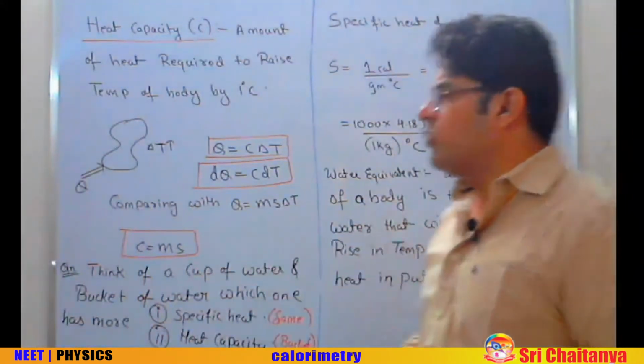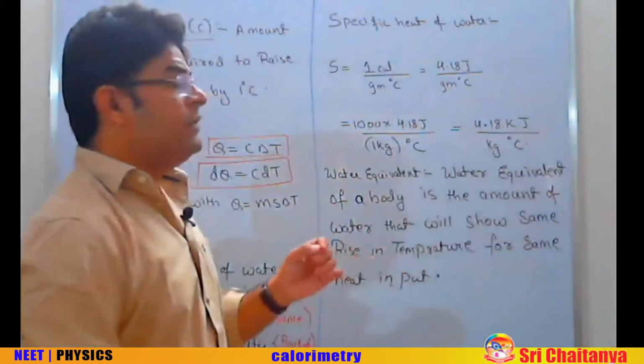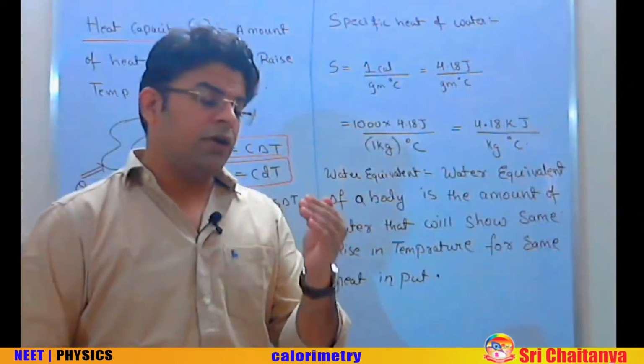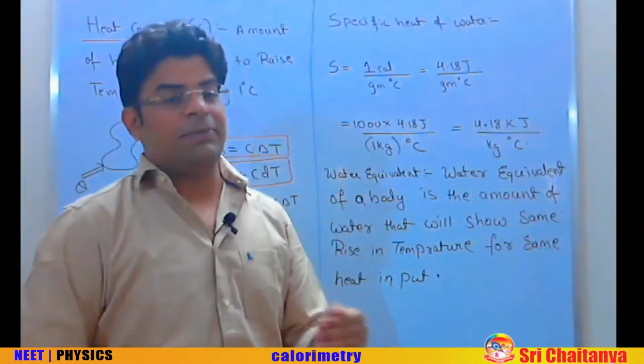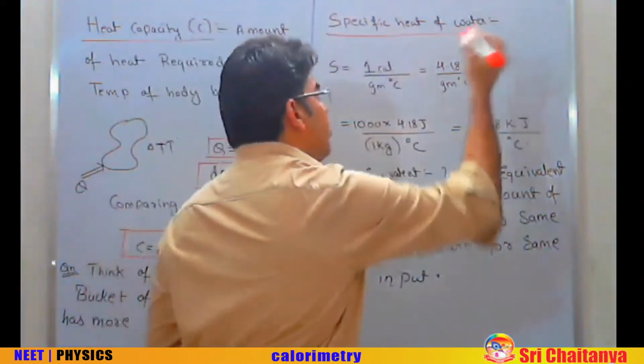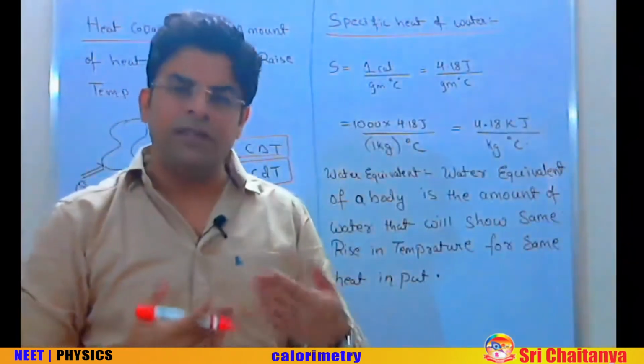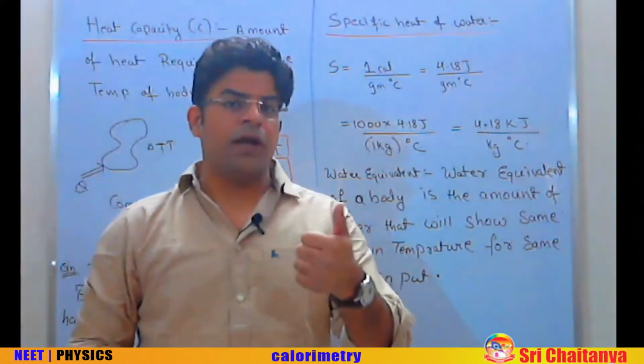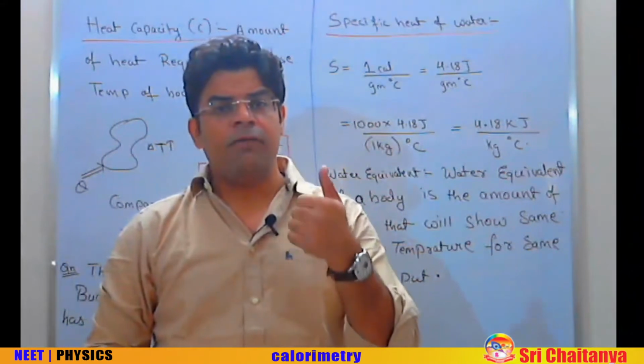The next terminology, the next thing which is assumed that you know it for sure, they might not give it in the paper as well, that is the specific heat of water. Why? Because the specific heat of water can be easily defined from the definition of 1 calorie. 1 calorie is the amount of heat required to raise the temperature of 1 gram of water by 1 degree centigrade.